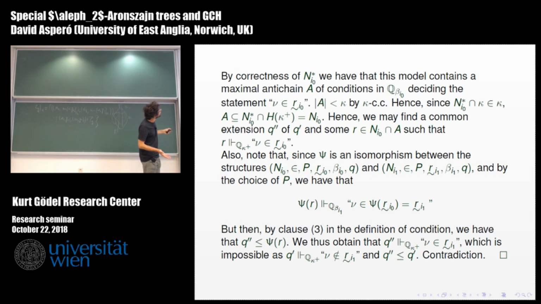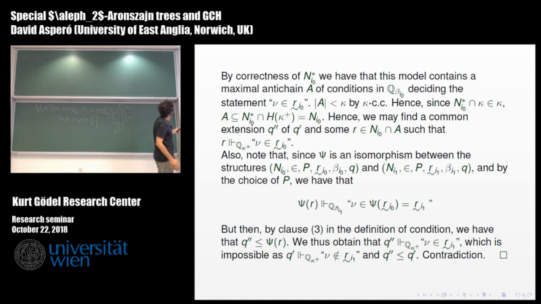And also the intersection of the model with kappa is an ordinal in kappa, so therefore A is a subset of ni0, right? So I can find a common extension Q double prime of Q prime, and some condition R in A, which is in the model, and forces that nu is in Ri0.